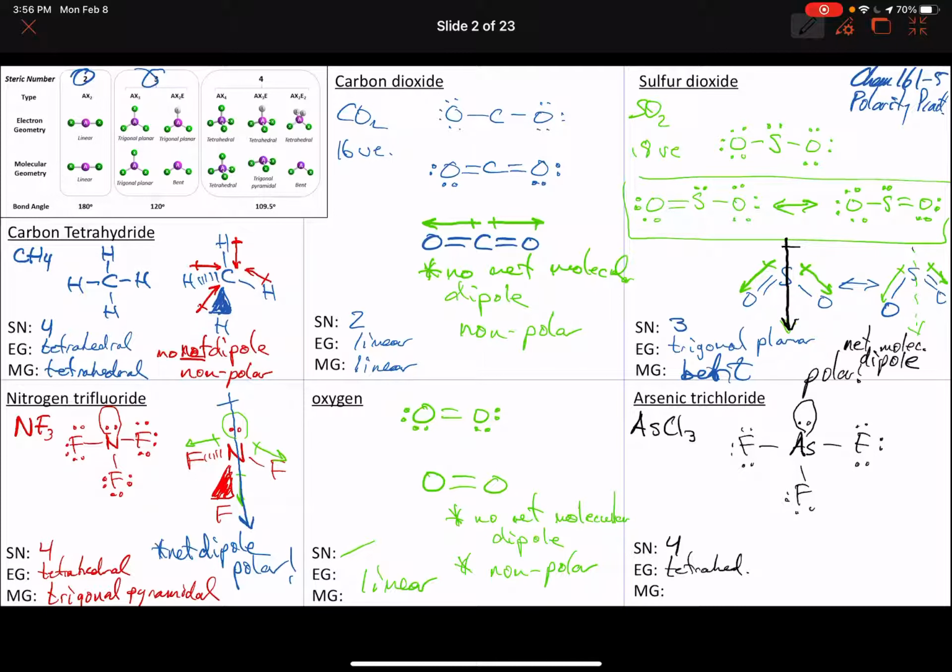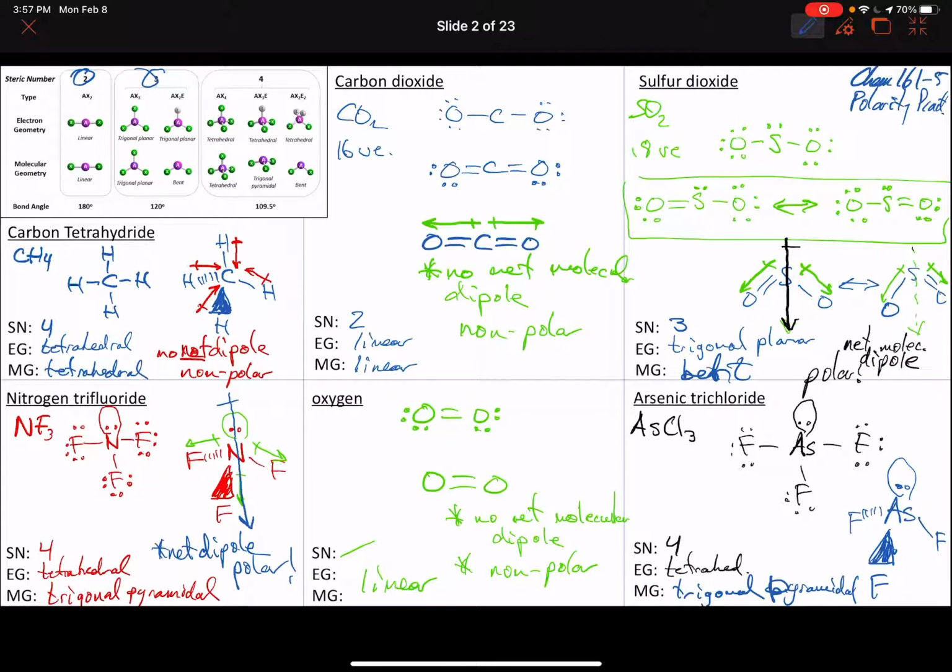However, when we consider VSEPR and draw this with three-dimensionality, we're going to put that lone pair up, one of the fluorines there, send one fluorine back, and bring one out of the page. And so similar to what we saw in nitrogen trifluoride, we are dealing here with a trigonal pyramidal molecular geometry.